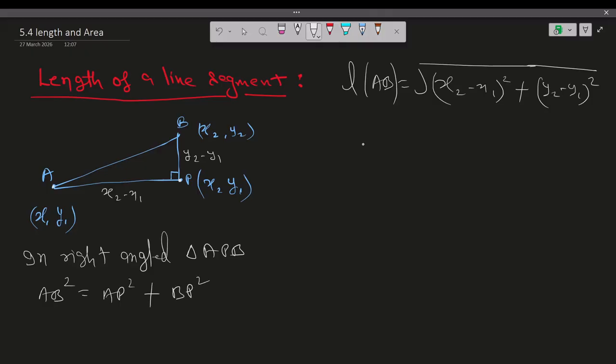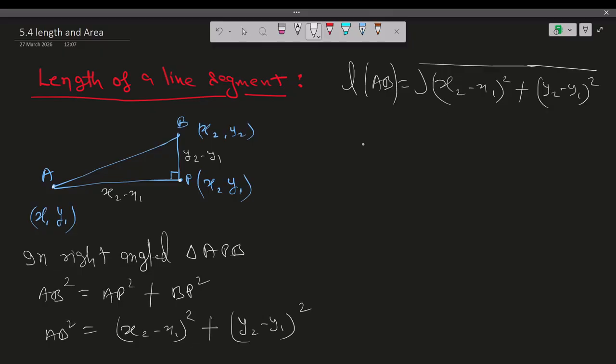What is AP square? AP is x2 minus x1, so it will be x2 minus x1 whole square, plus BP. BP is y2 minus y1, so BP square will be y2 minus y1 whole square. Yeah, correct. This is AB square.